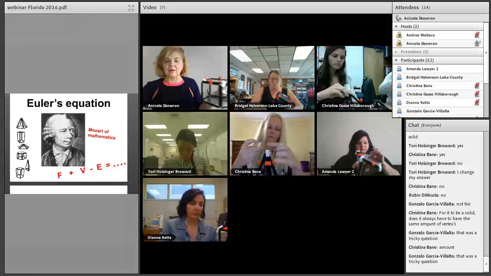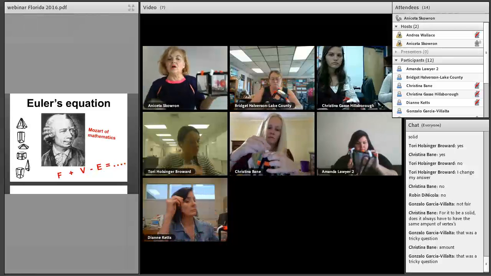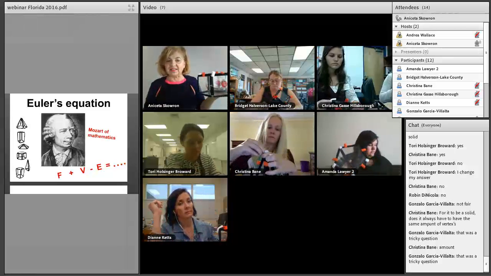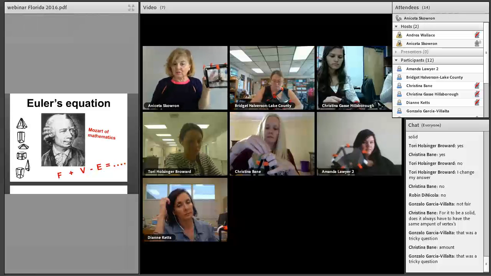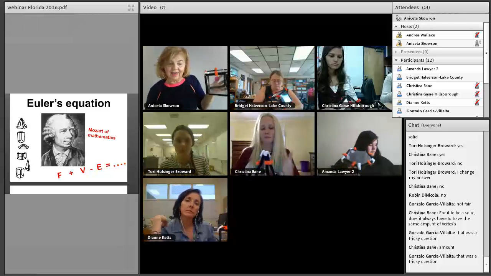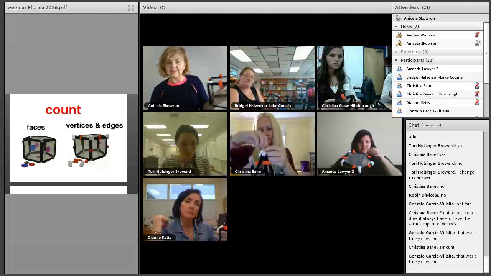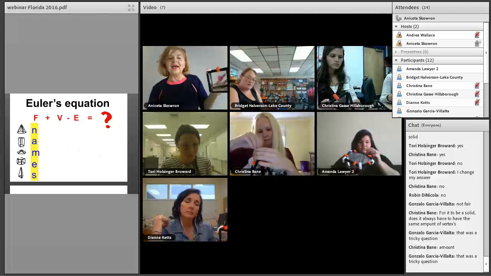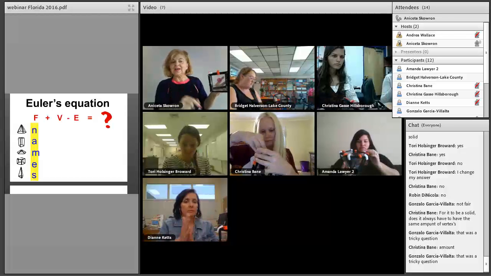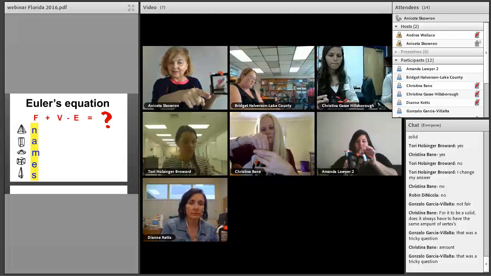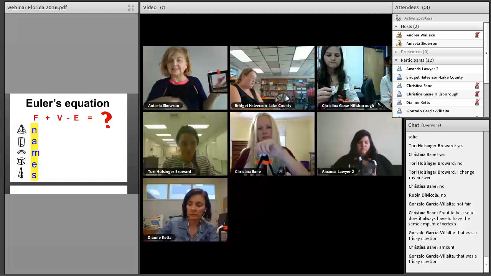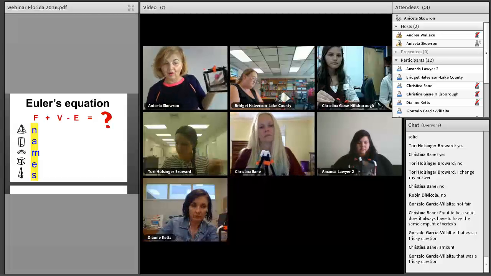So once we counted and made note of how many vertices, how many faces, and how many edges any of those structures has, then you can use this Euler equation, right? You have counted it. You now know how many of each, and now you put it into the equation. So the number of faces add to the number of vertices and take away the number of edges.